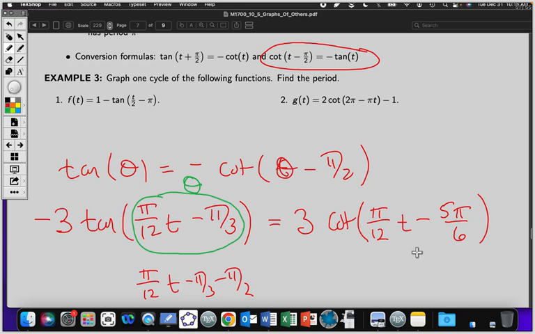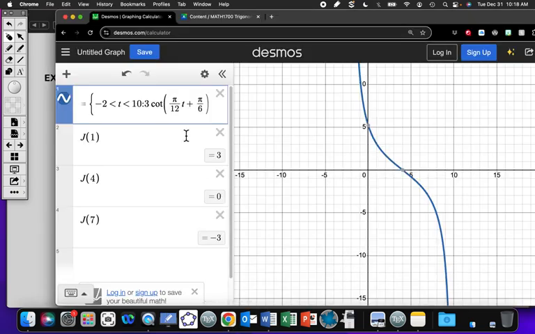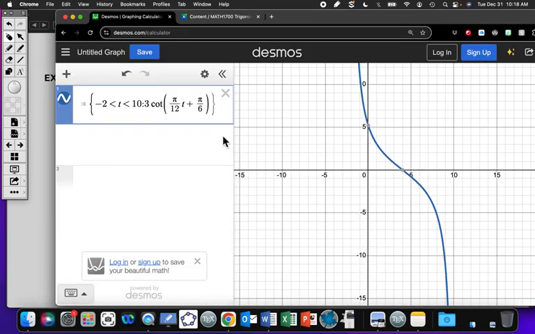Now this looks different than what we had, right? We ended up getting 3 cotangent of pi over 12t plus pi over 6, but hold on, let's check, and then we'll explain why. So let's just copy this. Sometimes Desmos really just likes to push my buttons here.